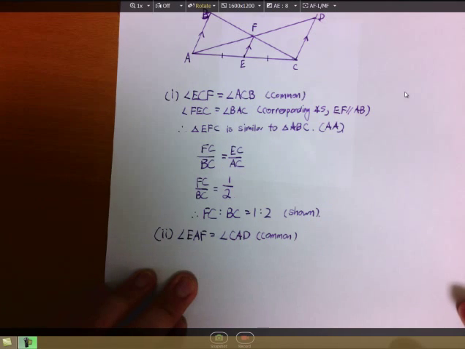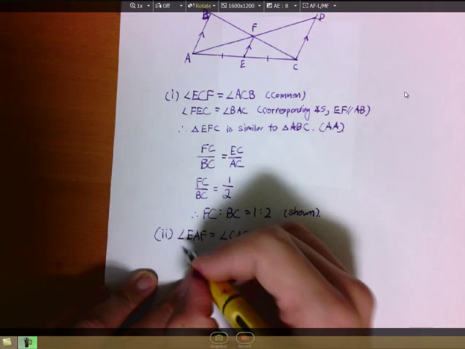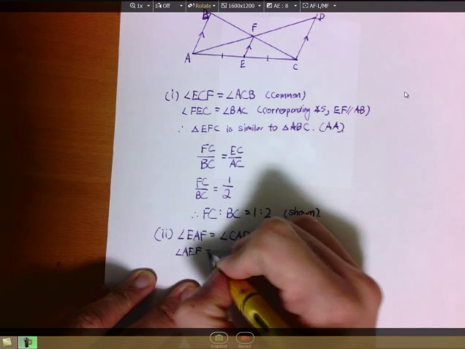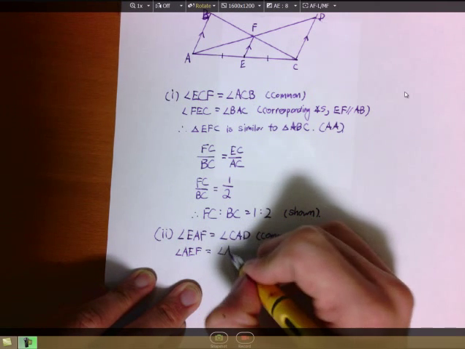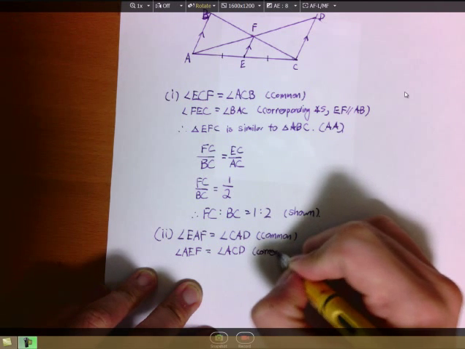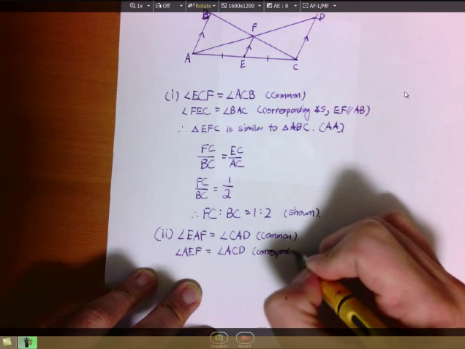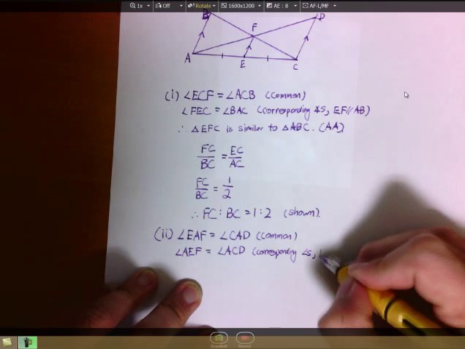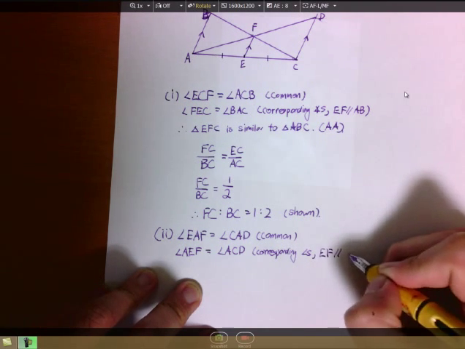Next, I say that angle AEF is equal to angle ACD. This case is because of corresponding angles, and this is because EF is parallel to CD.